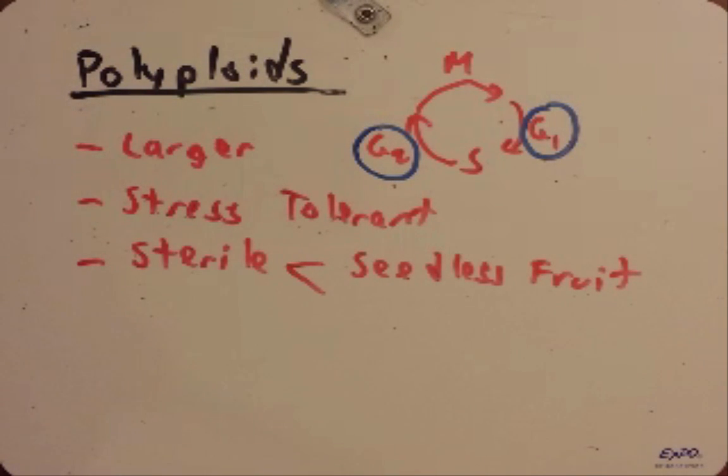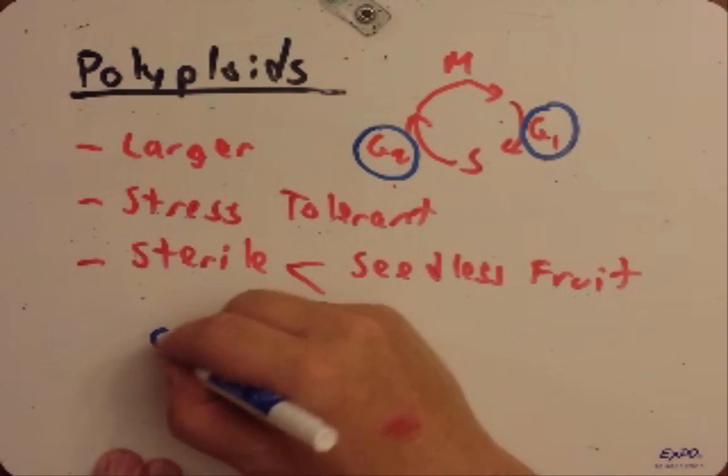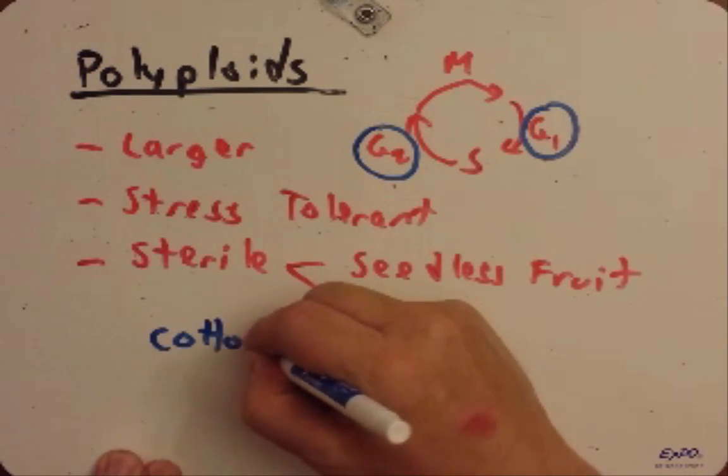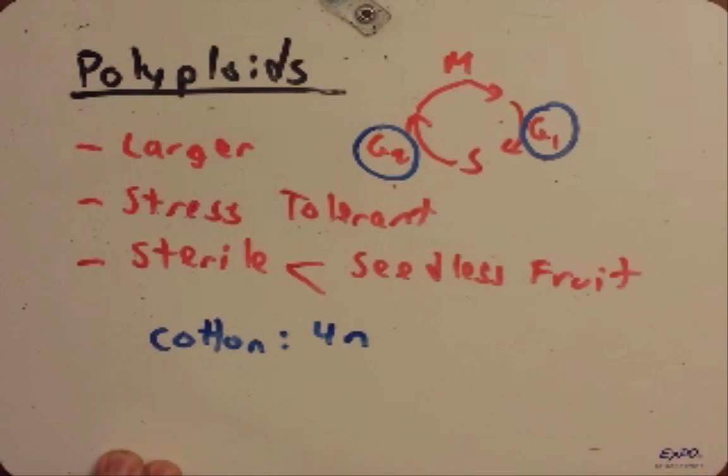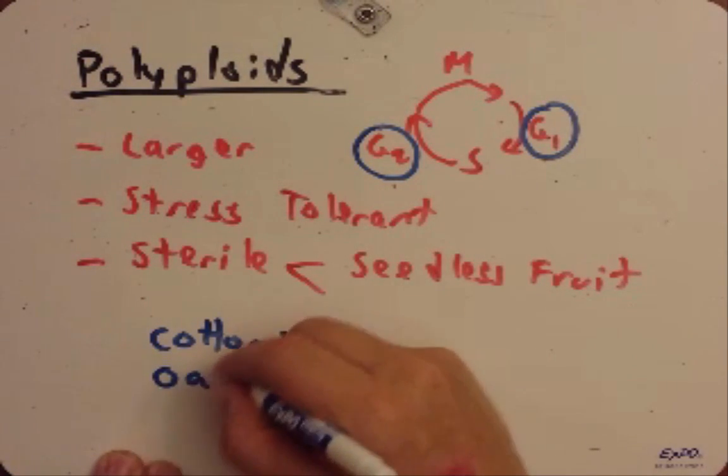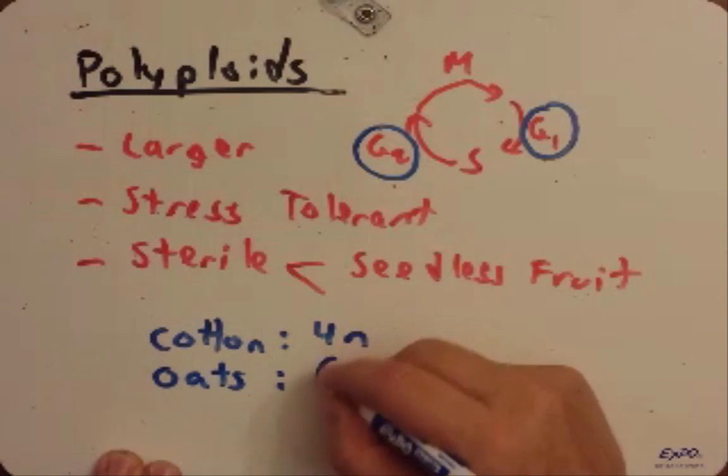We know that many of the fruits and vegetables that we buy are polyploids. For instance, just to throw a couple out at you here, cotton is a tetraploid, has 4 copies. Oats have 6 copies.